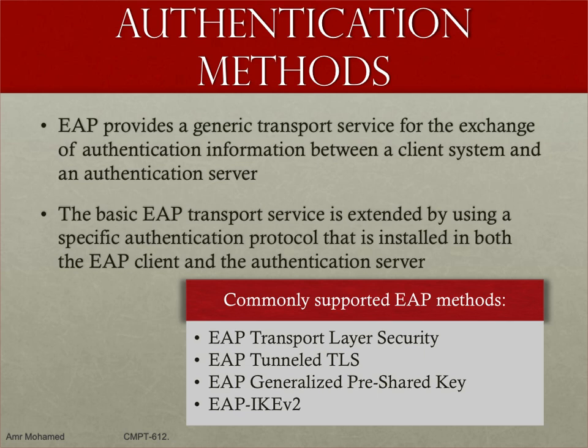So it only acts as a transport service for exchange of authentication information between a client, which is the device, and the authentication server. The basic extensible authentication protocol transport is extended by using a specific authentication protocol, which is not actually dictated by the standard. It could use one of the services that we highlighted. So it could be TLS, TTLS, or generalized pre-shared key, or IKE version 2, or any other authentication mechanism.